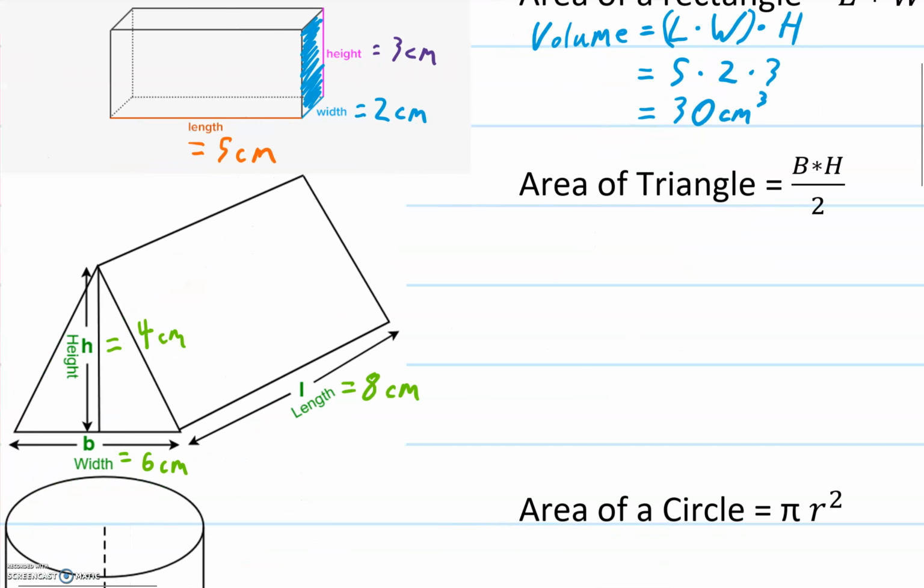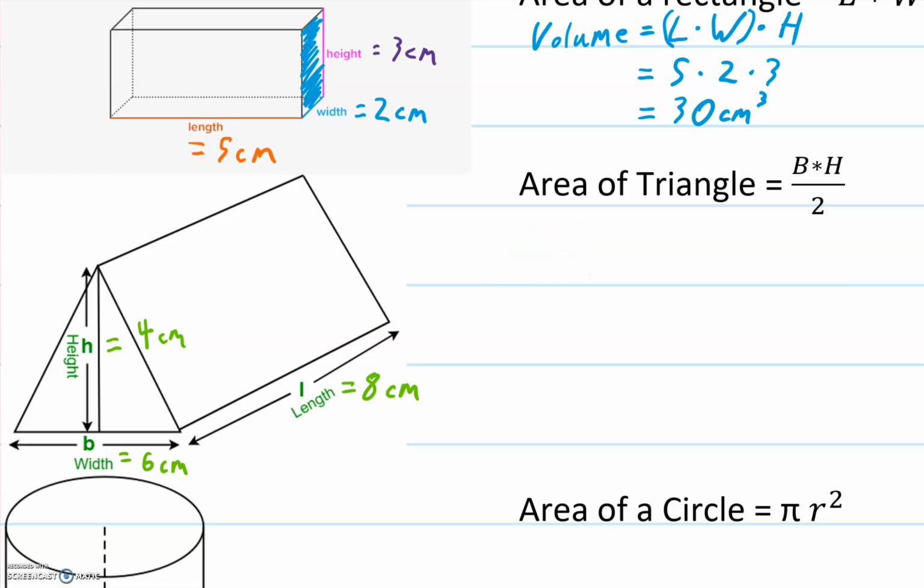Okay, so now we're looking at a triangular prism, and what we have here is a triangle on one side. So the area of a triangle is base times height divided by 2. Just a reminder, it's just half of a rectangle, so that's why it's divided by 2.